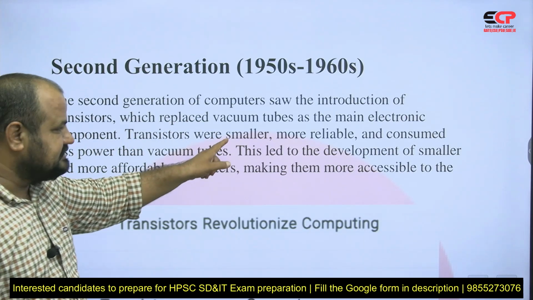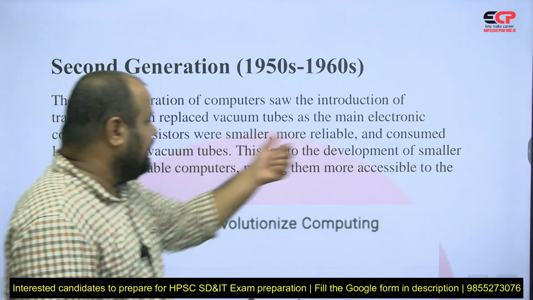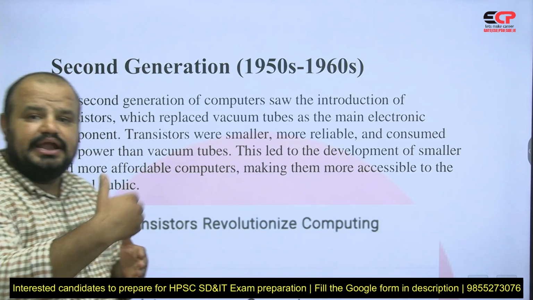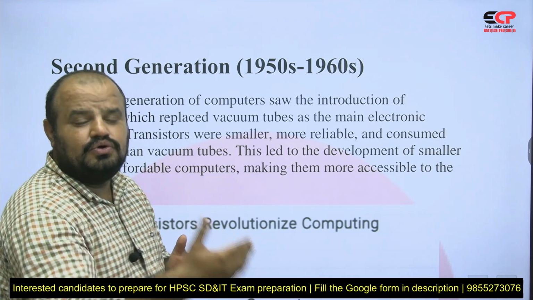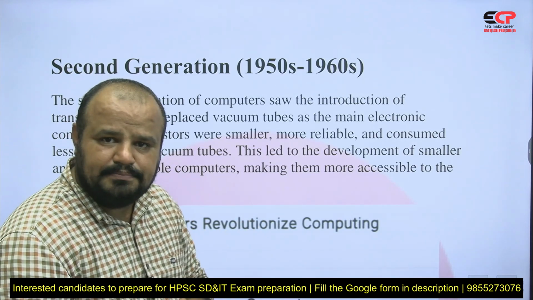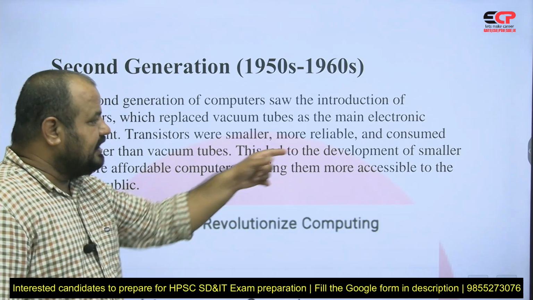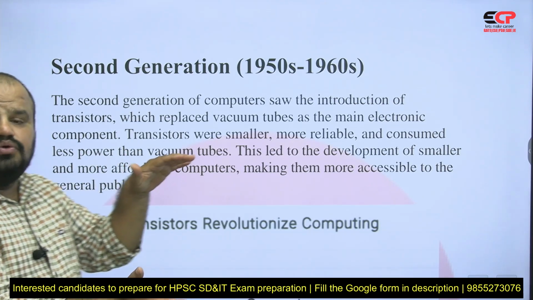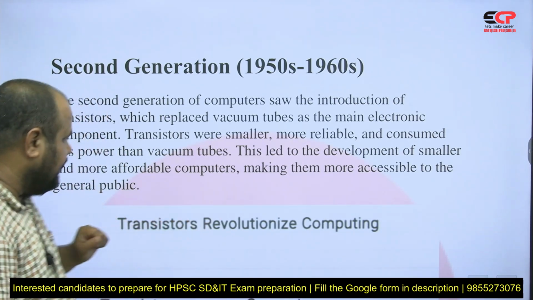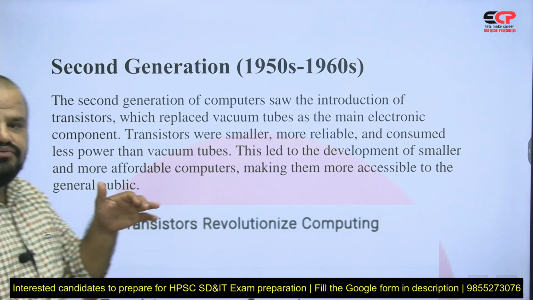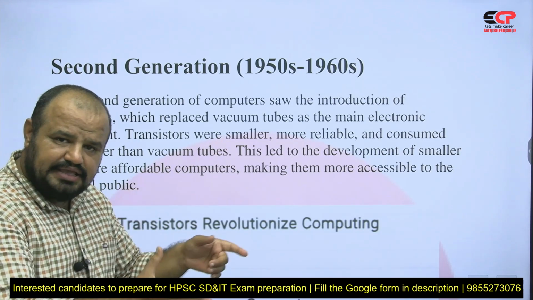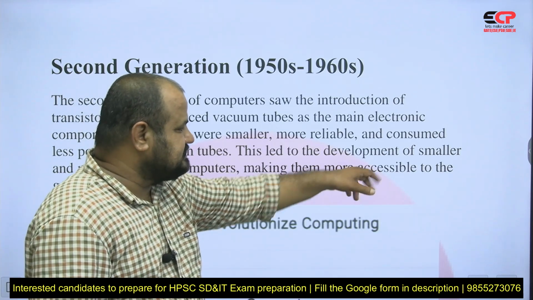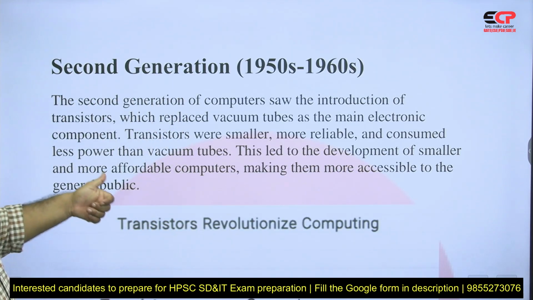They were smaller in size, more reliable, and consumed less power than vacuum tubes. That is the advancement over vacuum tube generation computers. This led to the development of smaller and more affordable computers, reducing the size and being cost effective, making them more accessible to general public use.